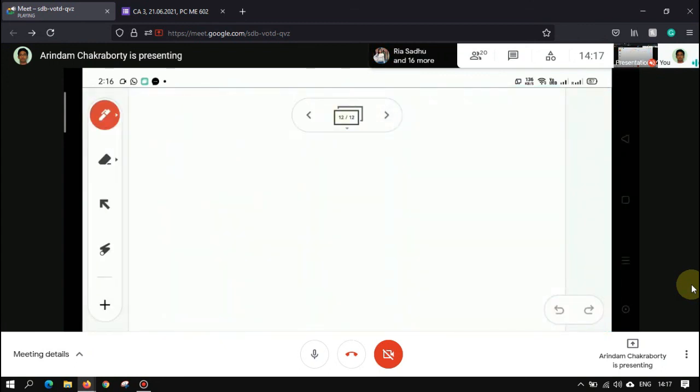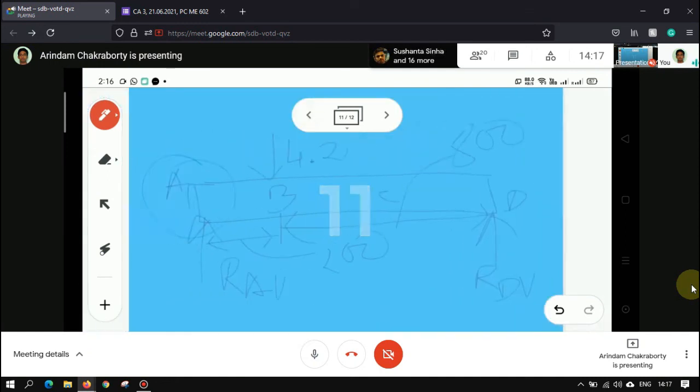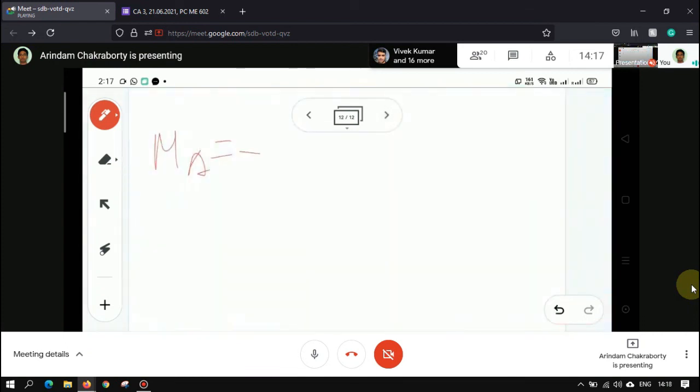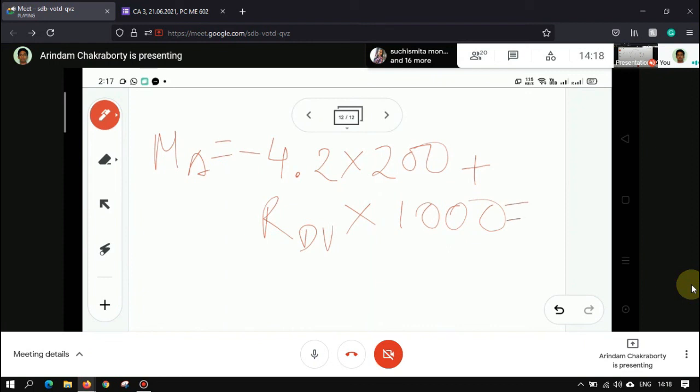Let me show you one equation: MA is equal to, since this force is going clockwise, minus 4.2 into 200 plus RDB into 1000 is equal to 0, from where I can find RDB.